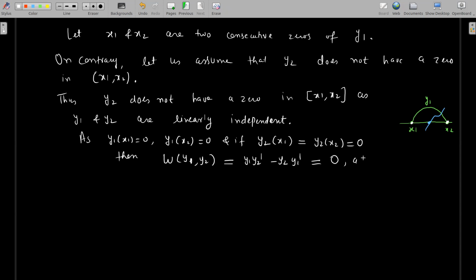Okay, so now a contradiction, and you can write a contradiction as Wronskian of y1 and y2 at any point that is non-zero.